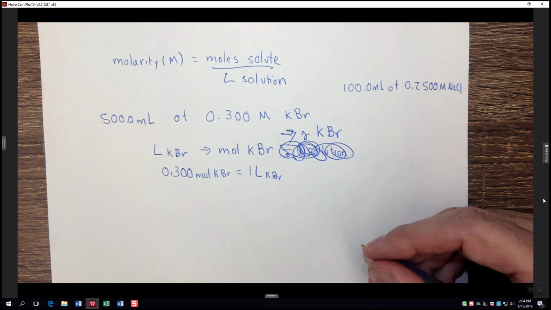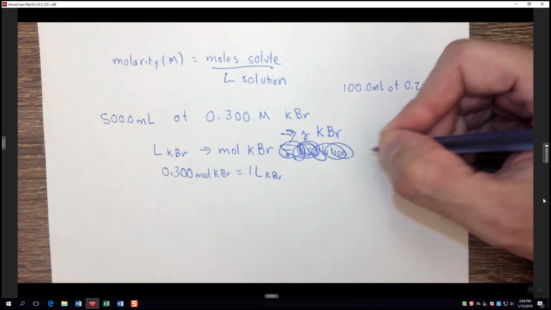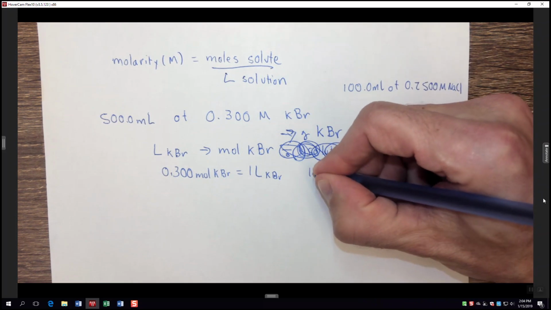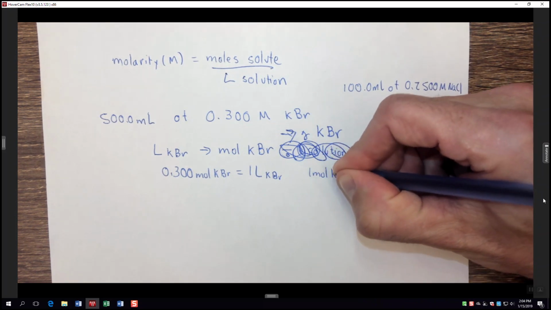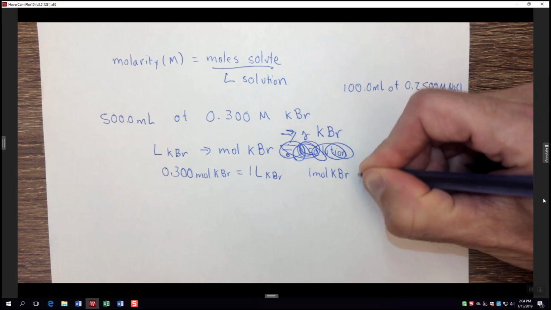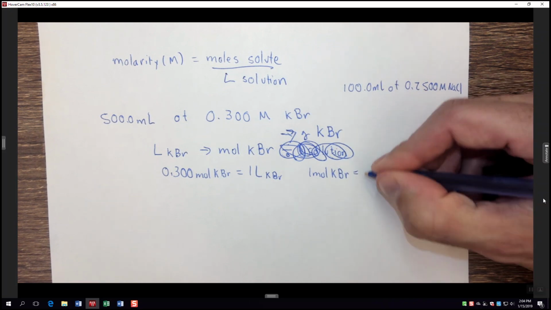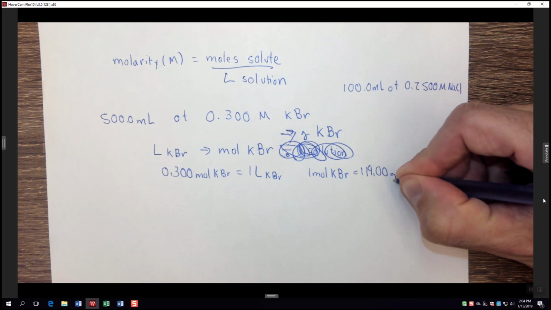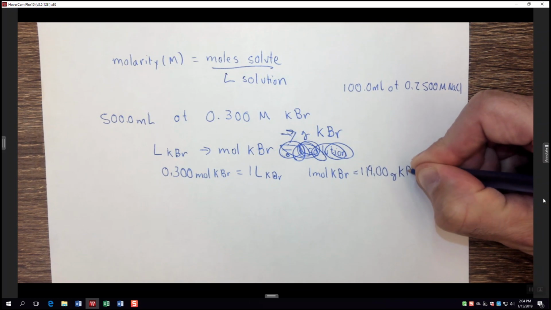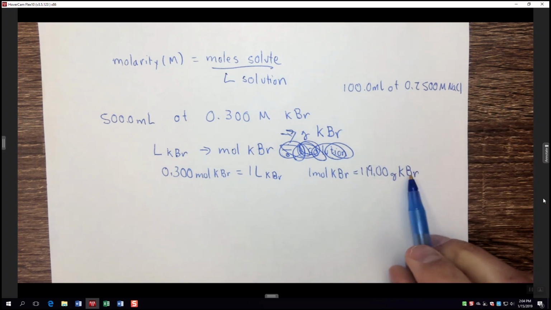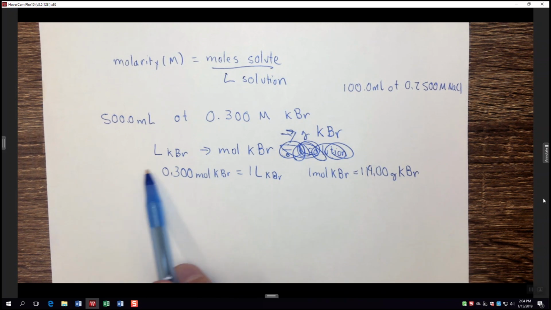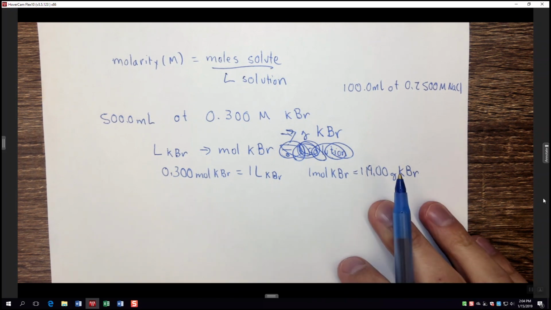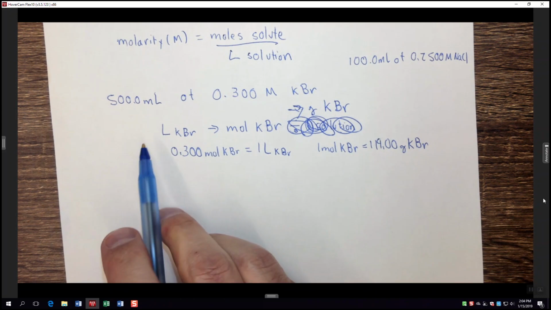And in our case, we're tasked with making 500 milliliters of 0.300 molar KBr. In your example, what you're going to be doing is making 100 milliliters of 0.2500 molar NaCl. So they're similar, but they're not the exact same thing.